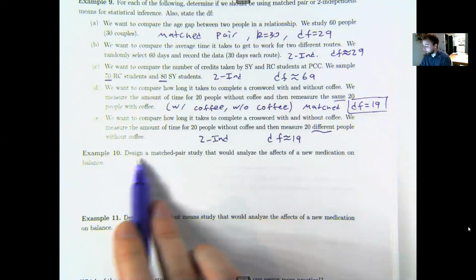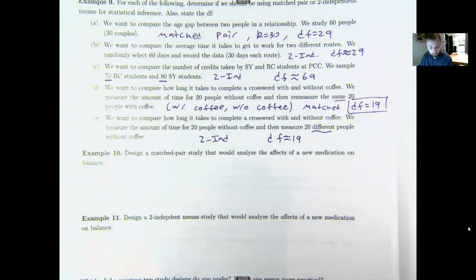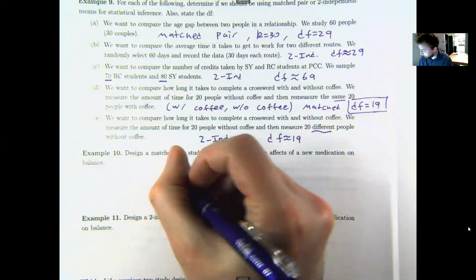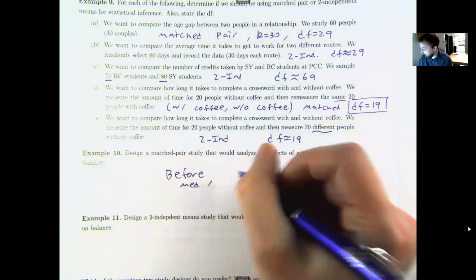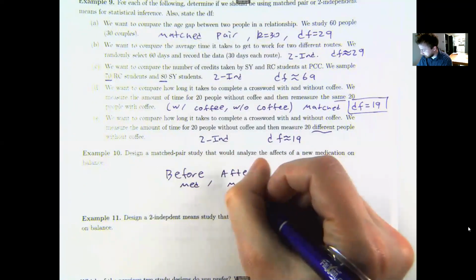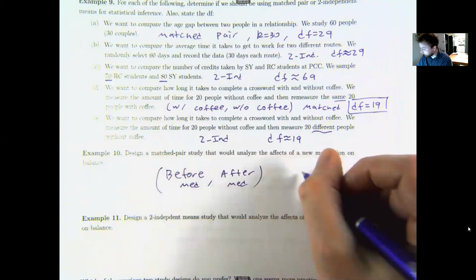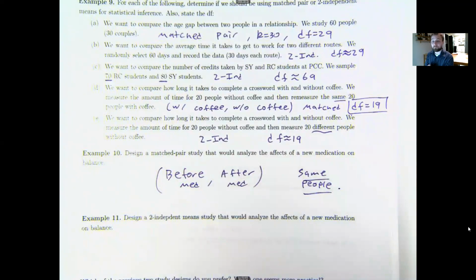So for example, to design a matched pair study that would analyze the effects of new medication on balance, well, I would probably have people before taking the medicine and their balance time after taking medicine. And I would do this for the same people before and after.